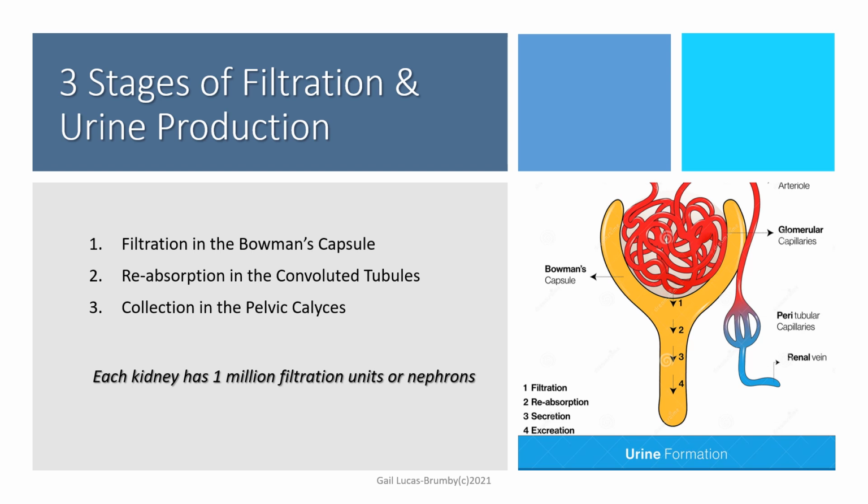And in stage 3, you have the collection in the collecting ducts of the urine and into the pelvic calyces. So there are 3 parts of urine production and filtration: the filtration in the Bowman's capsule, the reabsorption, and the collection. So over 1 million filtration units in each kidney, and they are known as nephrons.